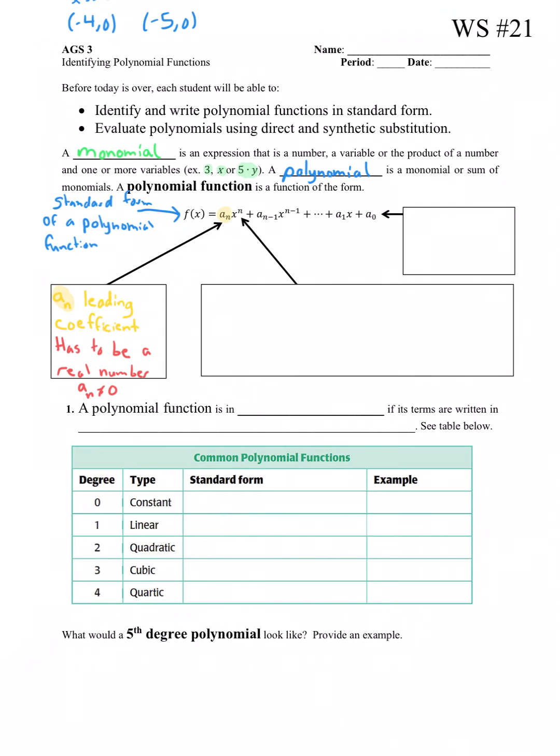And then we'll have the leading coefficient times x to the n power. And n is the degree of the polynomial.